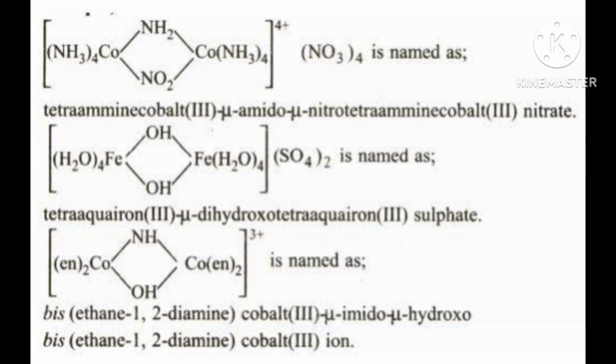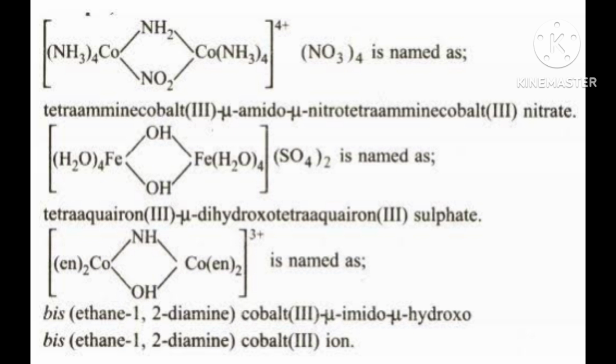Prefixes mono, di, tri, etc. are used to indicate the number of the individual ligands in the coordination entity, meaning complex ion. When the names of the ligands include a numerical prefix, then the terms bis, tris, tetrakis are used.